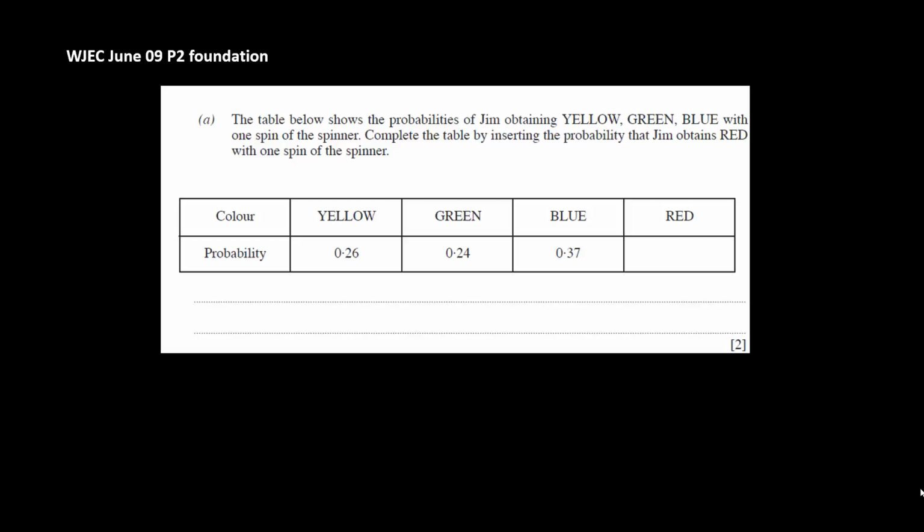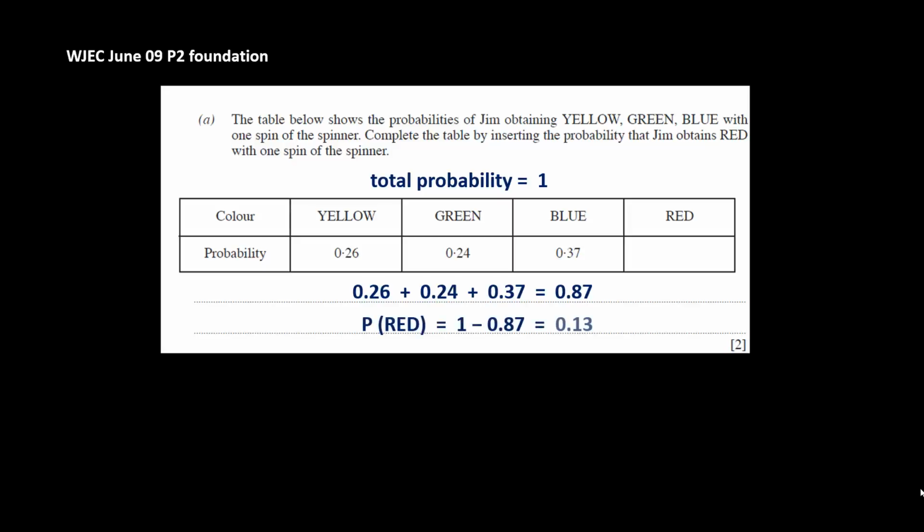Now all those 4 probabilities are the only things that can happen, so the probabilities must add up to 1. Total probability equals 1. So let's add those up, and that gives us 0.87. So the probability of getting a red is 1 minus 0.87, which is 0.13.